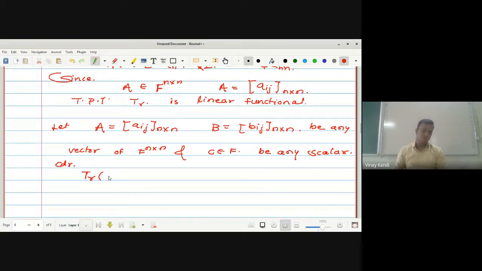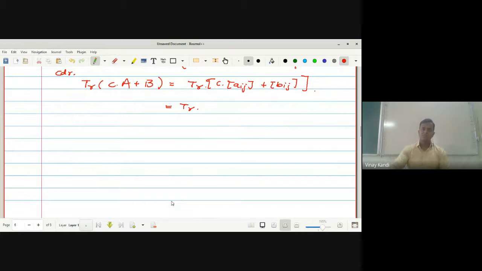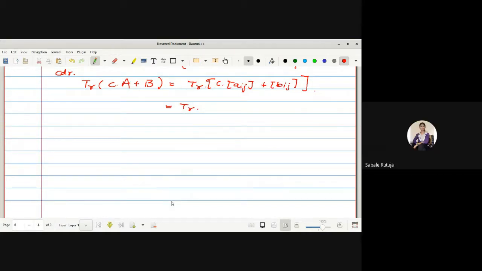Consider TR of C into (A plus B), which is equal to TR of C into (Aij of order n cross n plus Bij of order n cross n), which is equal to, trace of A plus B is equal to what? Trace of A plus trace of B. Is it correct? Yes, sir. Okay.